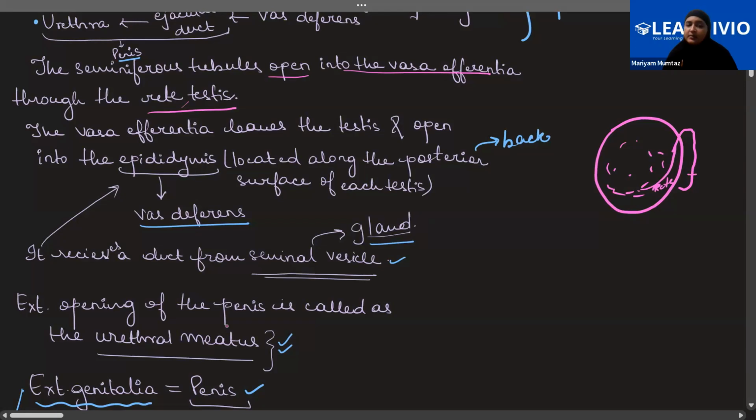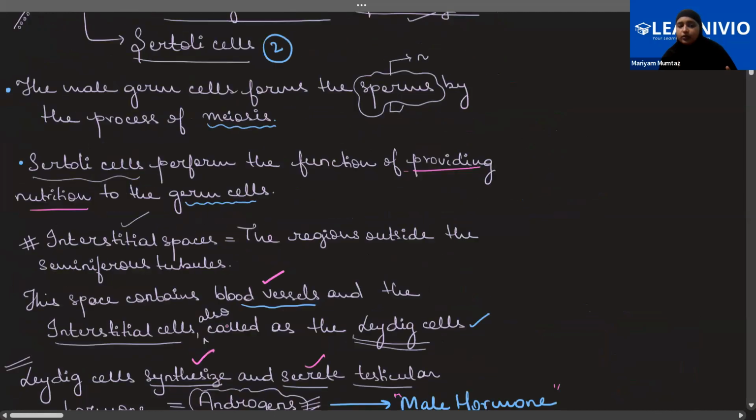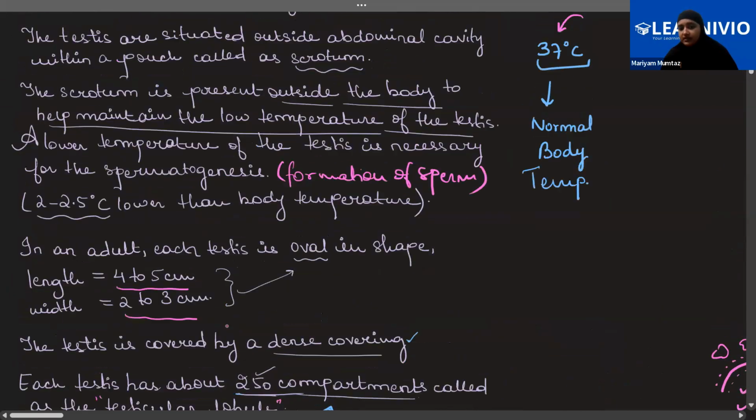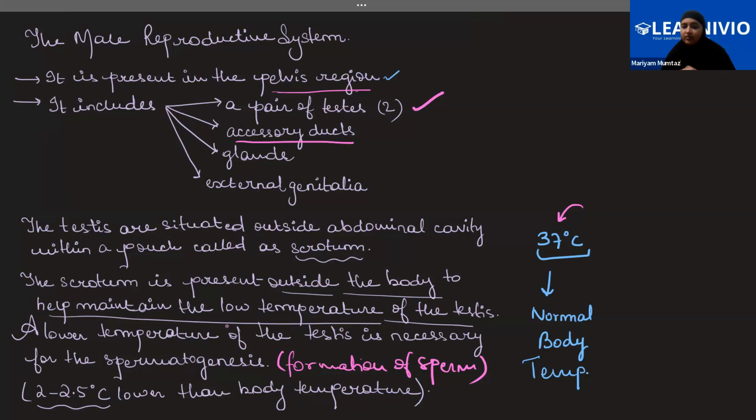Now, this epididymis opens into the vas deferens. The epididymis receives a duct from the seminal vesicle. As I told you, in the male reproductive system, there is a pair of testes. We have discussed and learned about it. Then there are accessory ducts. We are learning about it right now. There are also glands present.